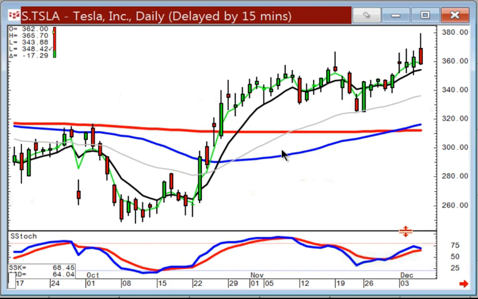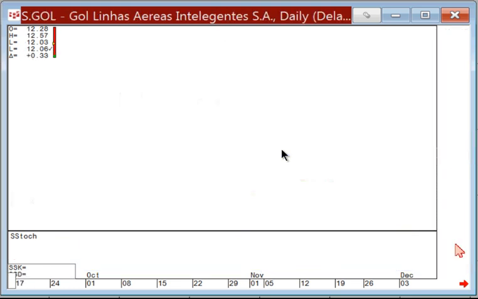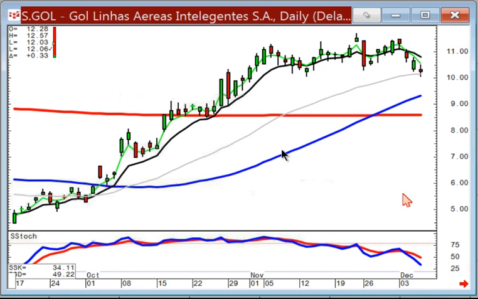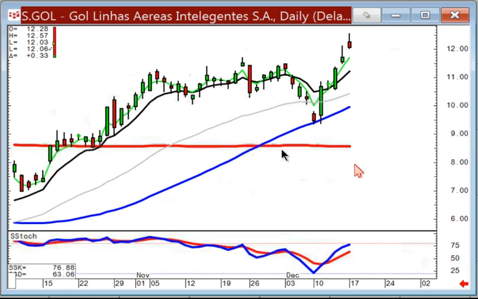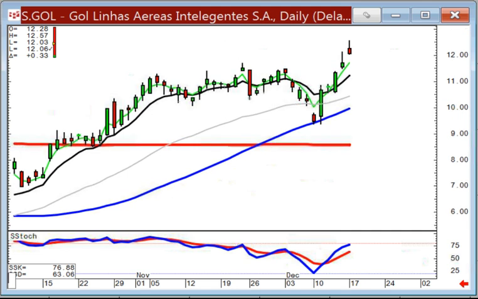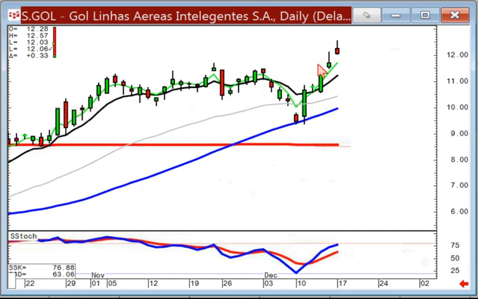Okay, let me take a look at a few more that have interest. Here's GOL. Somebody asked, should I be taking profits today? I think we had to put a stop right here at today's low. It didn't look like it got quite to today's low, just barely missed it. Now, what do we got that we can see?